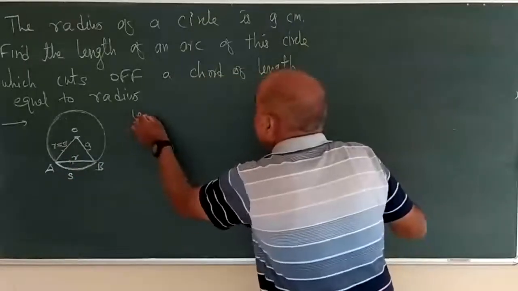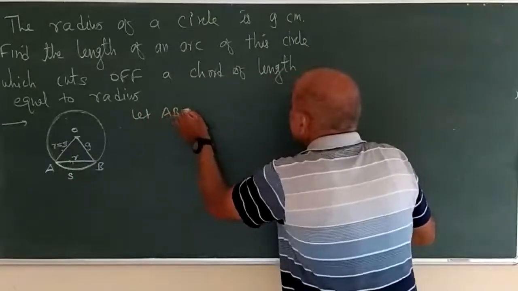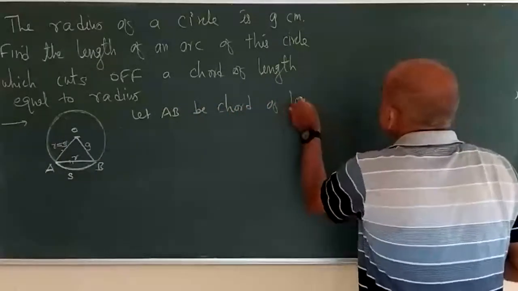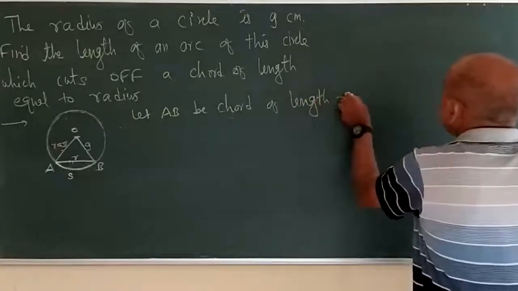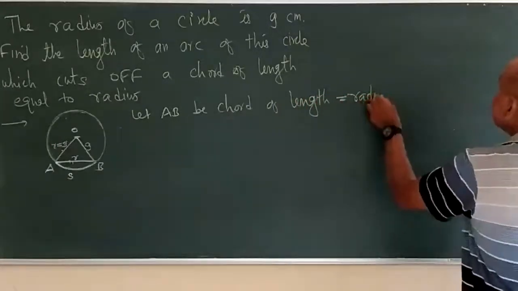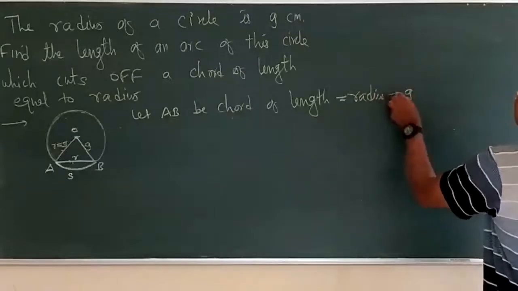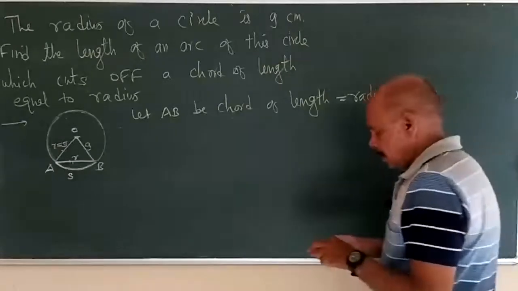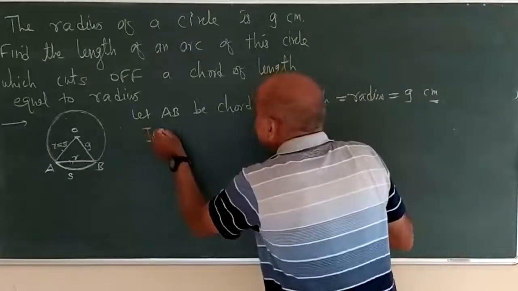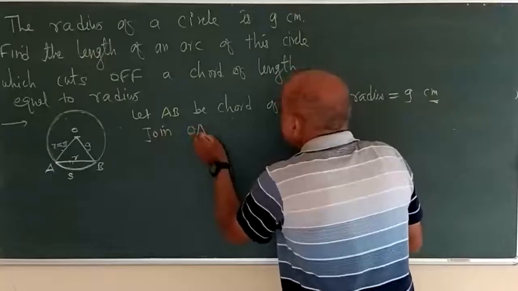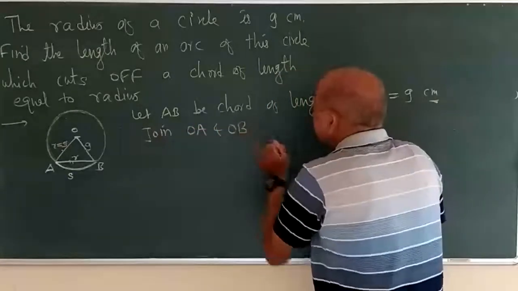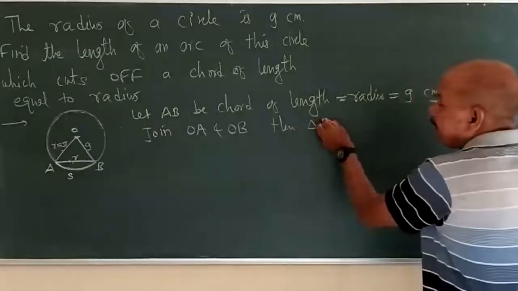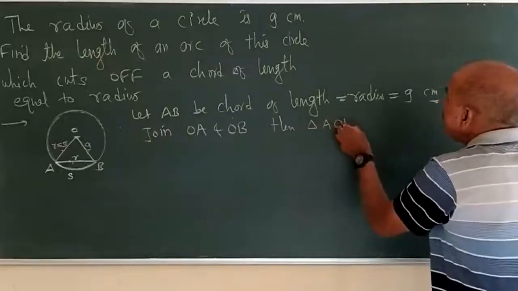Then what do we assume? Let AB be a chord of length equal to radius, say 9 centimeter. If we join OA and OB, then which type of triangle is this, AOB?